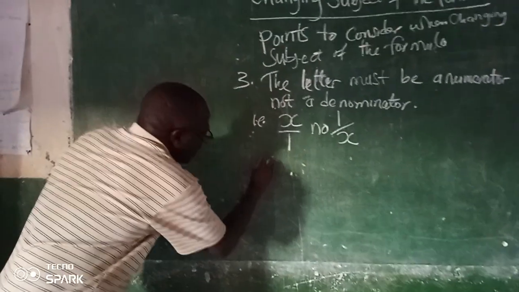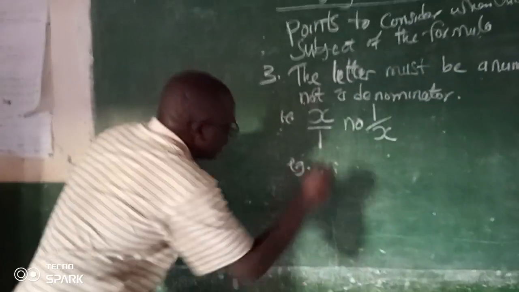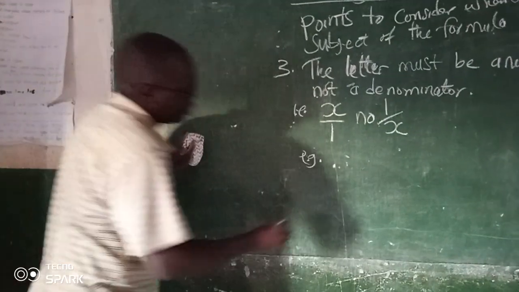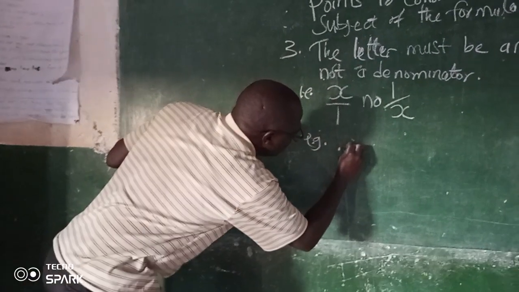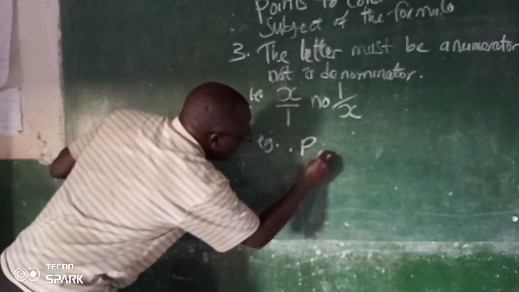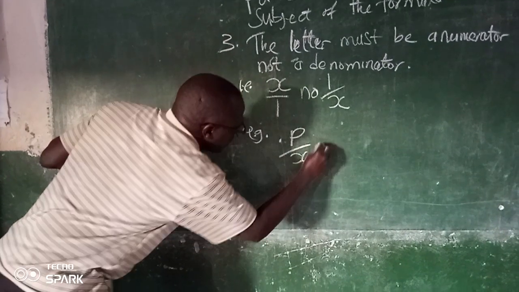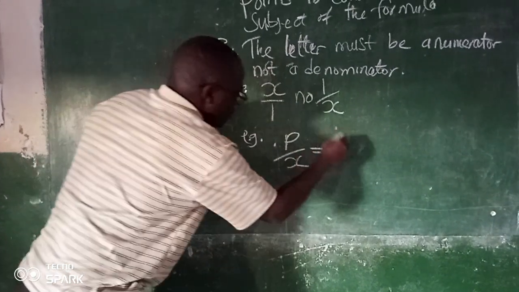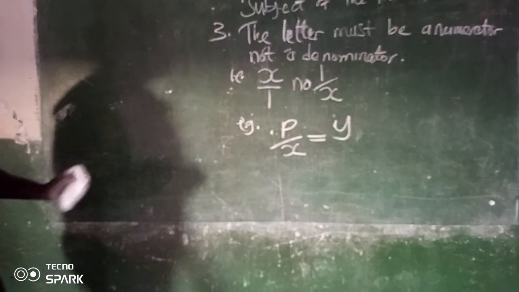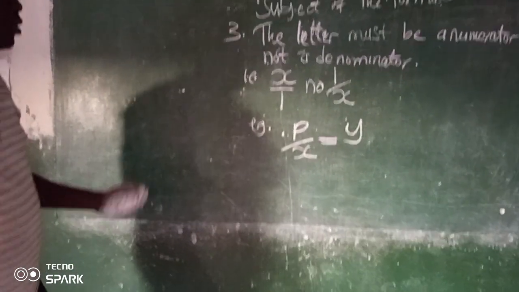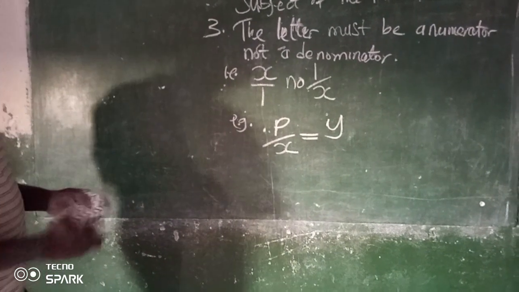Alright? Let me give you an example. We have p over x is equal to y. They ask you to make x subject of the formula.